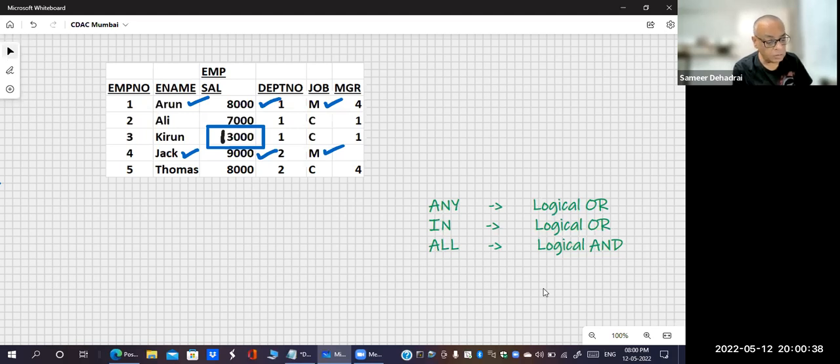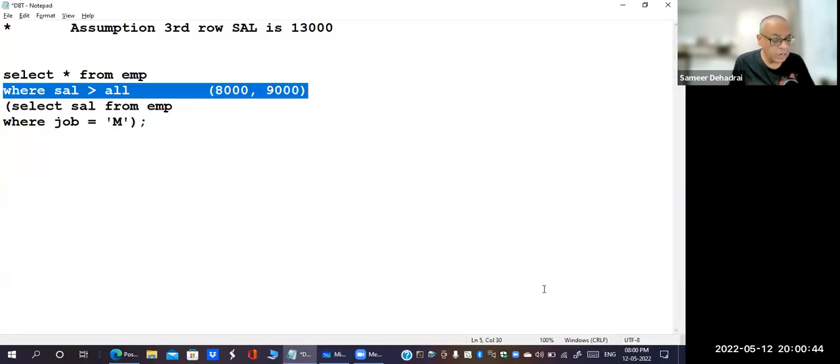After writing this, please write down the select statement, write down the solution.